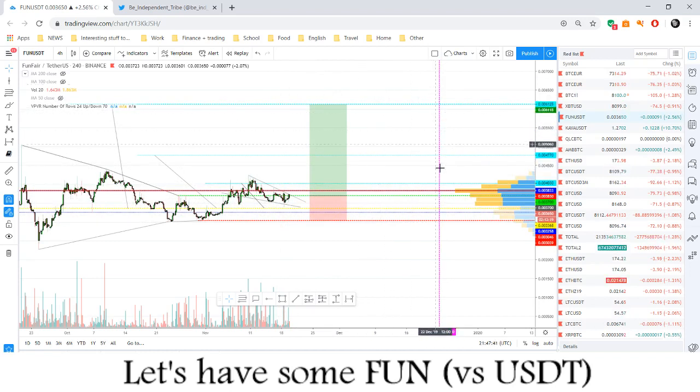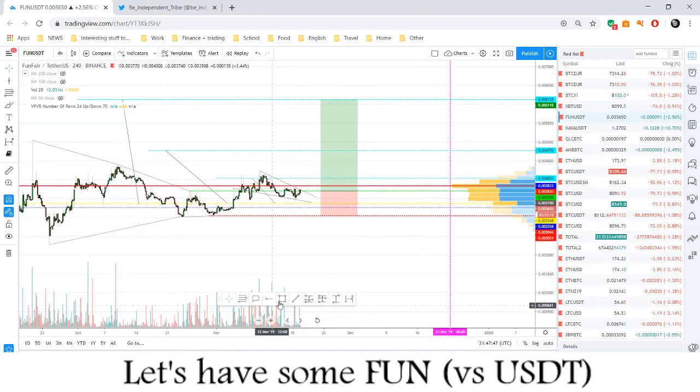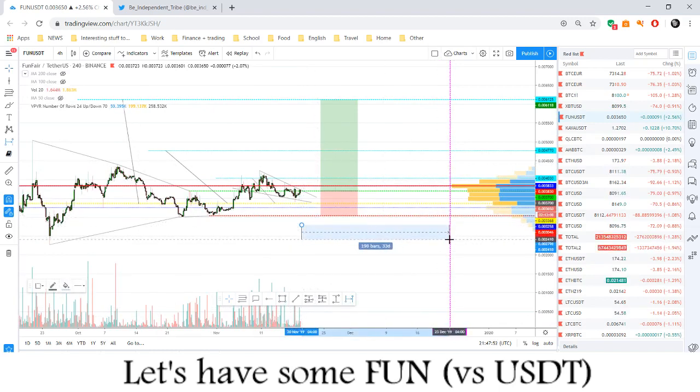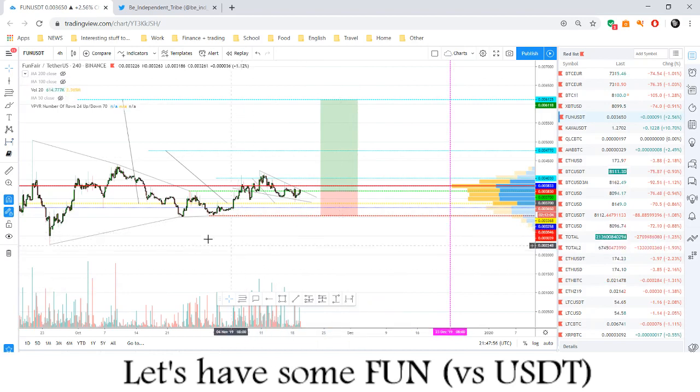Once we reach this vertical level, you just stop the trade manually. So there it is. That leaves us with 30 days in trade, which is something a bit too long for myself.